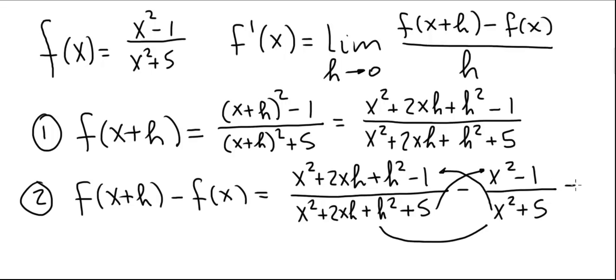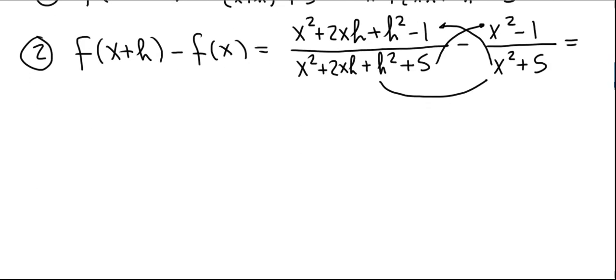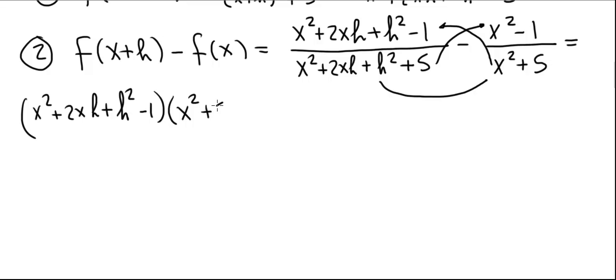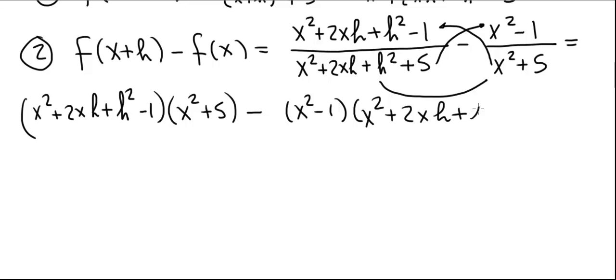So let's see what that looks like. This is equal to x squared plus 2xh plus h squared minus 1. All of that will be multiplied by x squared plus 5, and from this we subtract x squared minus 1 times x squared plus 2xh plus h squared plus 5.